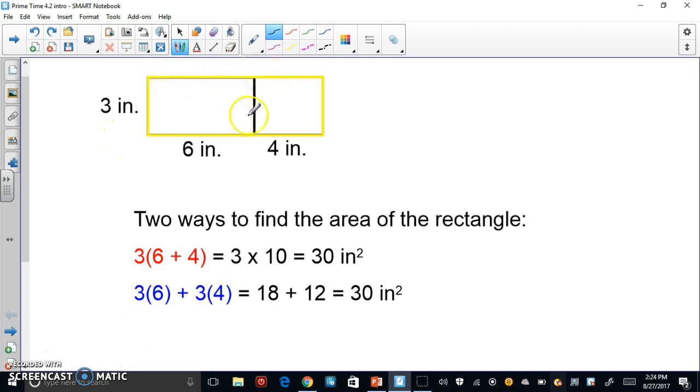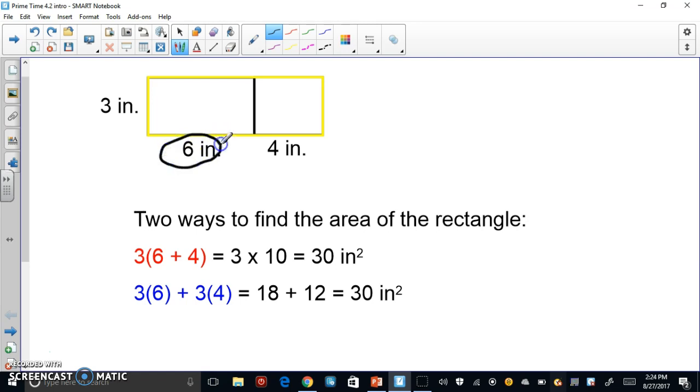This past week we talked about, in our second investigation, using the distributive property to find area and to write that area in two different ways. And so we kind of had different opinions as to how to find the area of this entire rectangle. Some of you said, to find the area of the entire rectangle, I would need to add my lengths together.